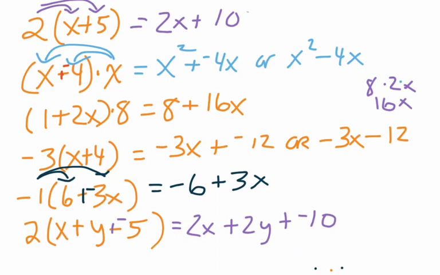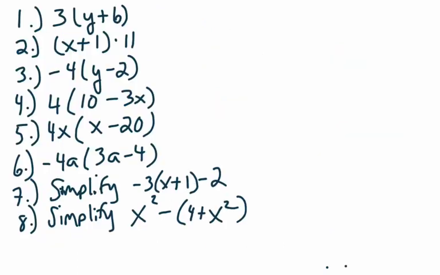So that's our lesson on distribution, and as always, I'm going to put some practice problems on the next slide so that you get a chance to reinforce the material. All right, here we go. 3 times y plus 6, x plus 1 times 11, negative 4 times y minus 2, 4 times 10 minus 3x, 4x times x minus 20, negative 4a times 3a minus 4, and then the last two are to simplify.